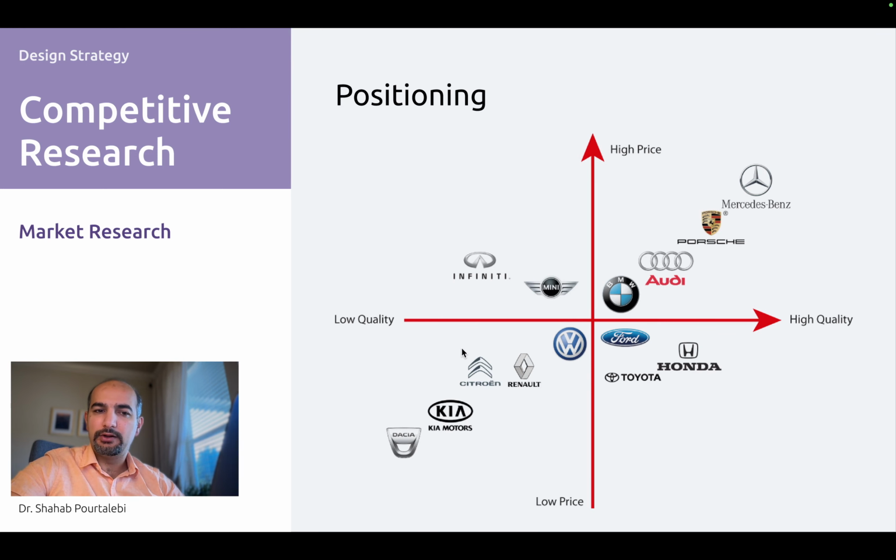Okay, so high quality would be on the right, high price would be on top, and that's a normal thing that you can apply to all different types of applications as well. And usually they all line up in a kind of diagonal way. Like you pay more, you get a better thing. Yes, higher quality, high price product.